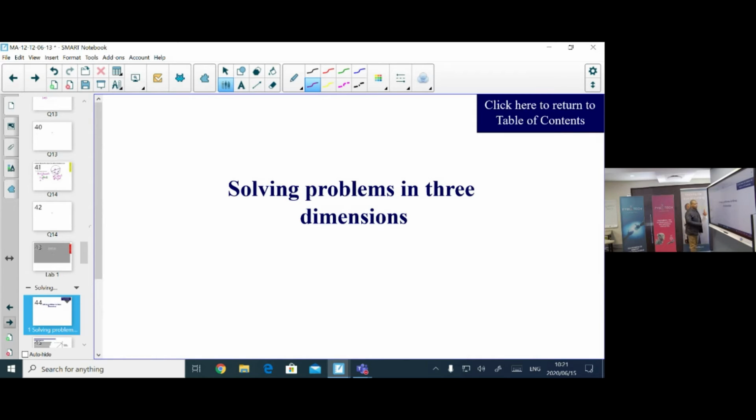So 3 dimensions simply means something with length, width, and some depth or height. So it has 3 of these: length, breadth, and height. So that will be 3 dimensions.